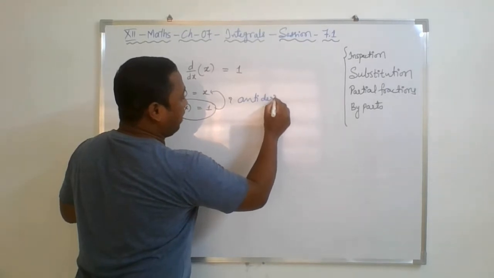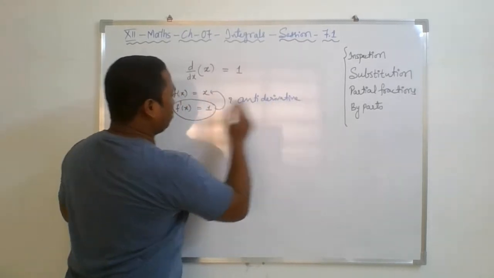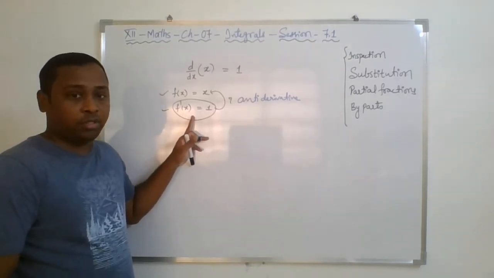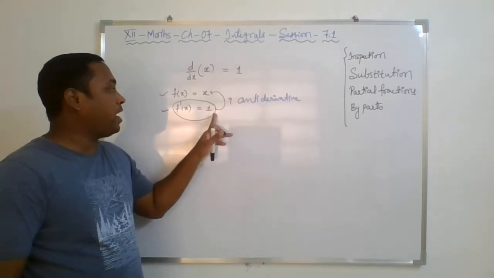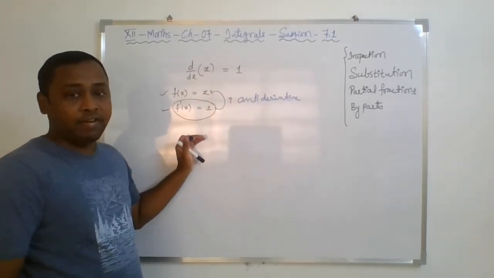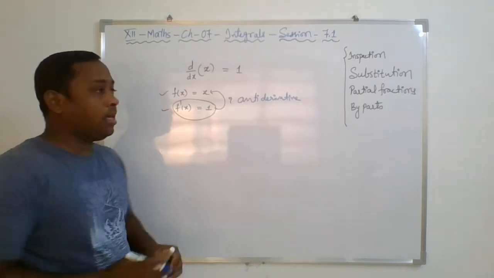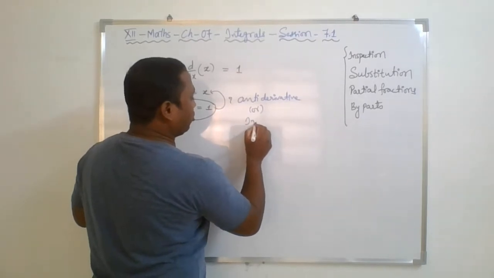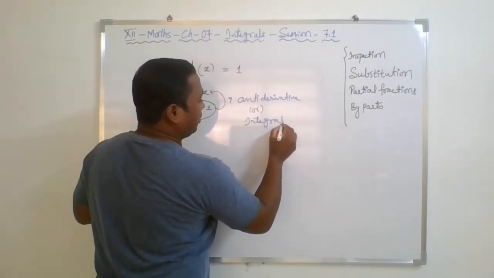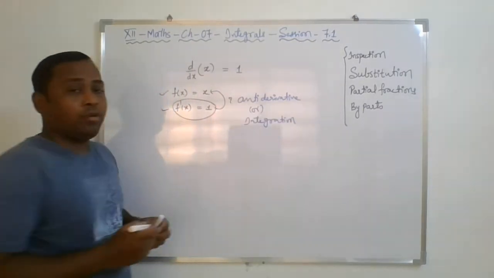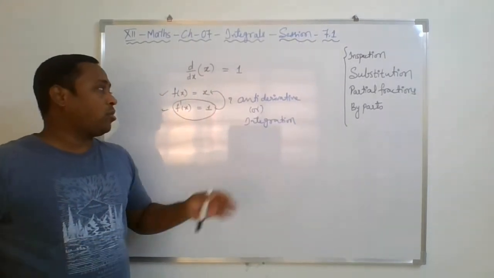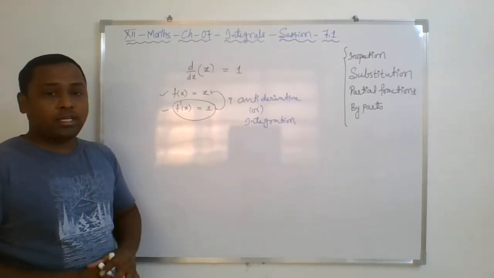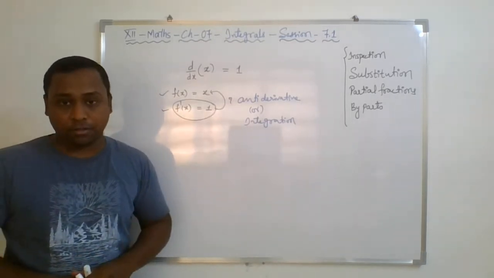The process of finding the original function from its derivative is called antiderivative. The antiderivative is also known as integration, as simple as that. So integration, or antiderivative, has the basic purpose of finding the parent function.